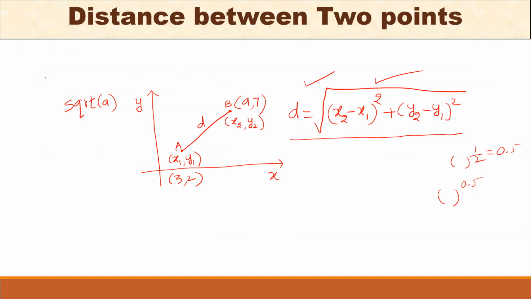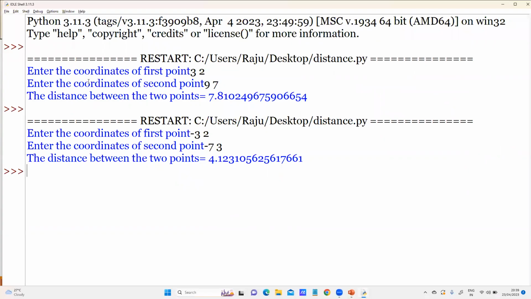This is available in the math module. So you need to import this math module, and you must call this square root function by using math dot sqrt. So let us change our program by using the square root function.